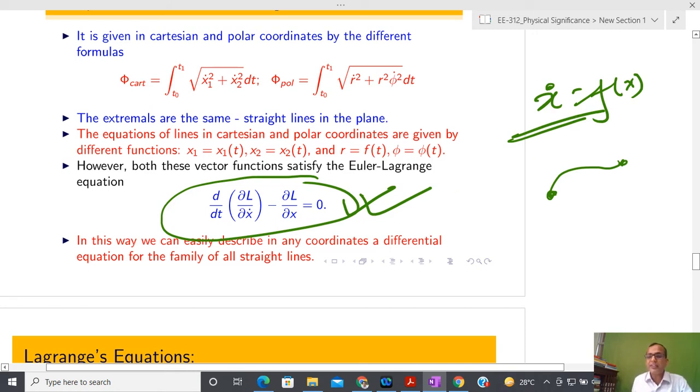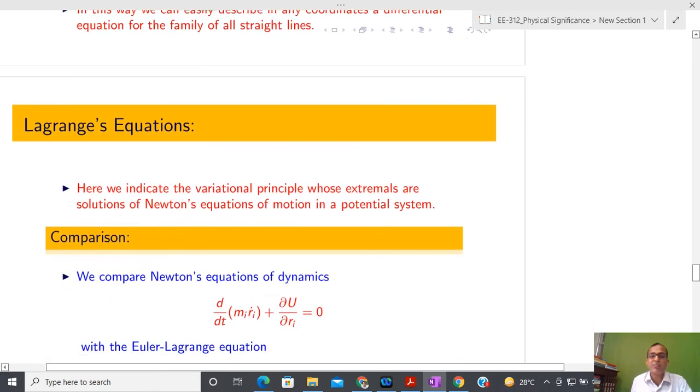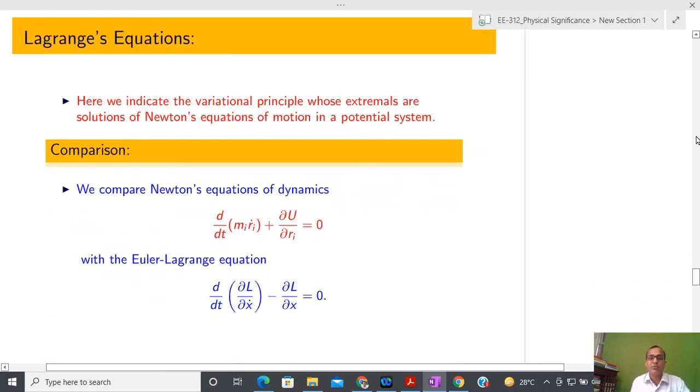Let us see how to get the dynamical equation of the system and what its relation is with Newton's equation. Here we indicate the variational principle whose extremals are solutions of Newton's equation. It means that Newton's equation is just a special case of the Euler-Lagrange equation. In Newton's equation, we are trying to write F equal to ma.